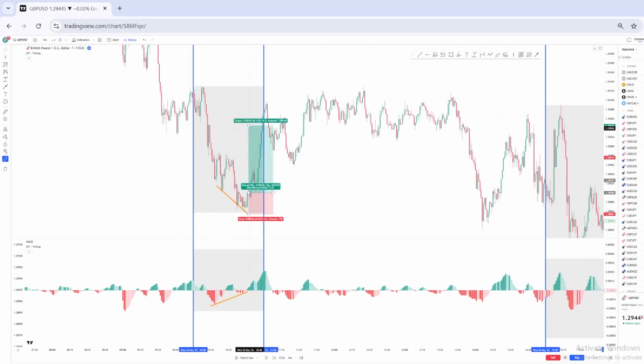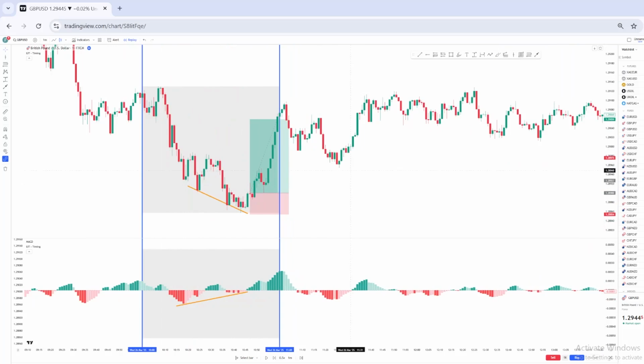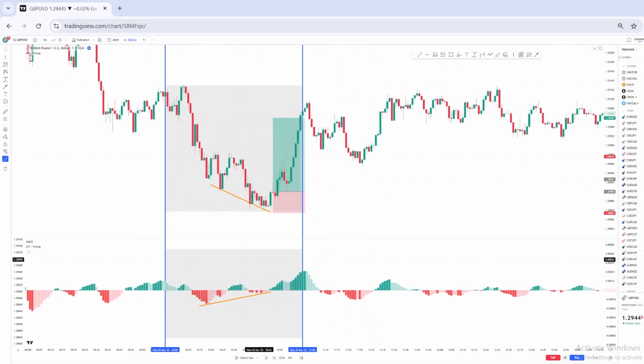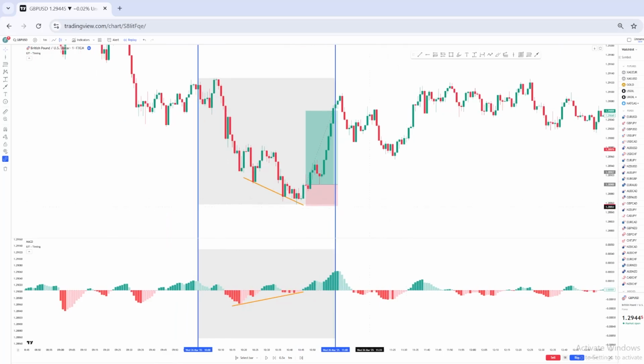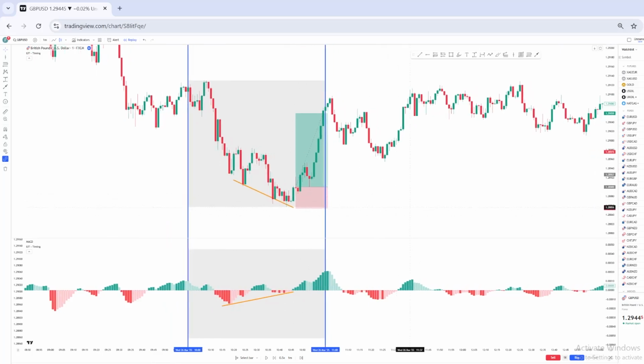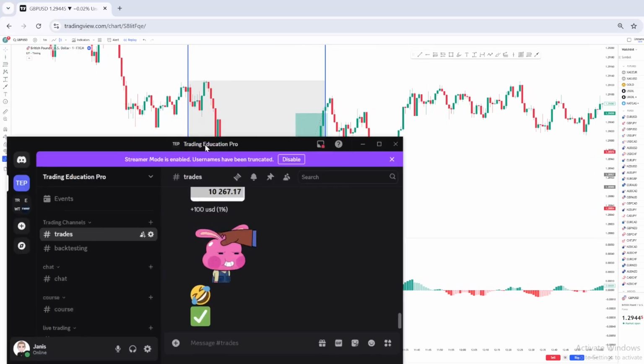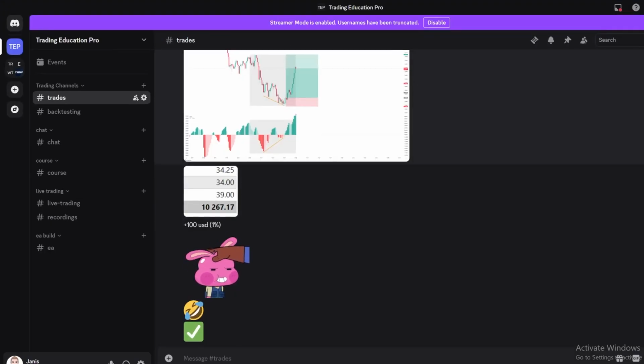I saw big profits in my demo account that I'm doing right now, because I was backtesting this strategy, and now I'm forward testing it on a demo account. And I can show you in my Discord, which by the way you can join if you have not joined yet.